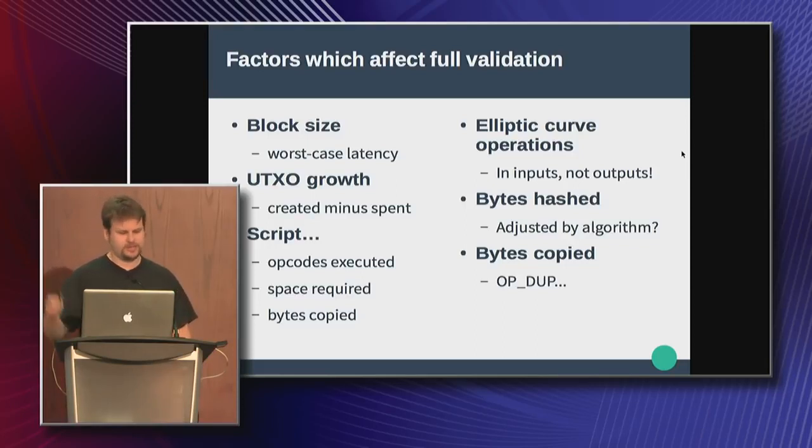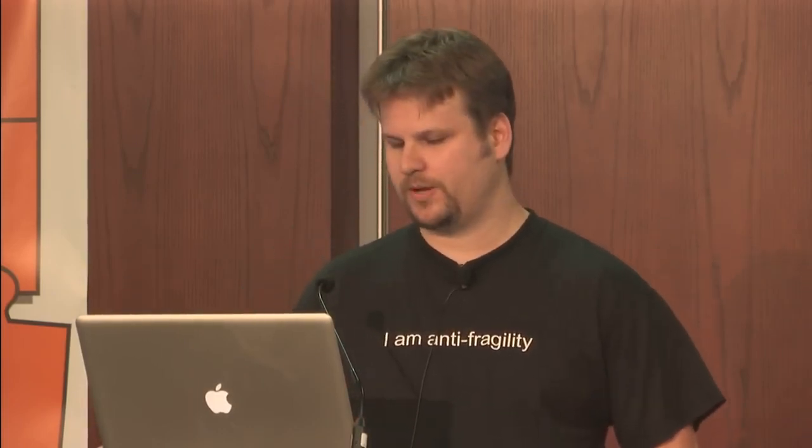You just tell it, okay, this script is going to take 1.5 megabytes, here's a chunk of 1.5 megabytes that you use to validate. Those are some refactoring changes we could make, and so then we could have as an input into this metric, whatever it is, the opcode count executed and space requirements and such.